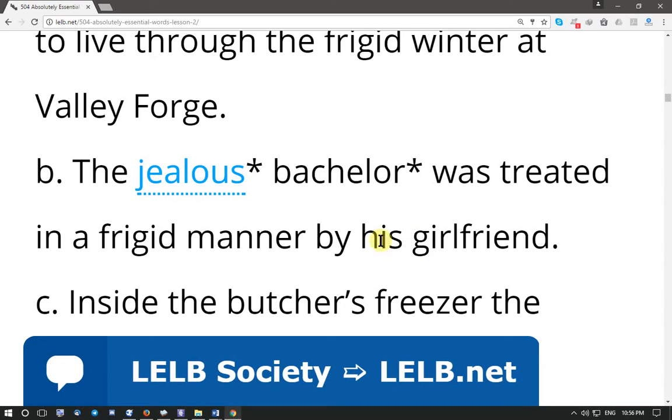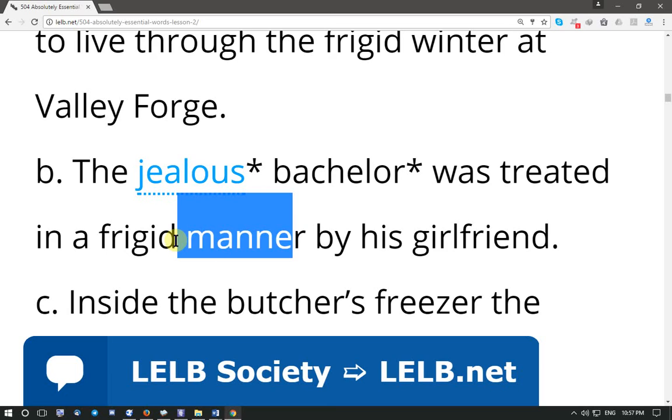The jealous bachelor was treated in a frigid or cold manner by his girlfriend. So he was jealous of her, and actually she did not like it. So she ignored him or did not pay enough attention, or she was not warm to him because he had mistreated her.